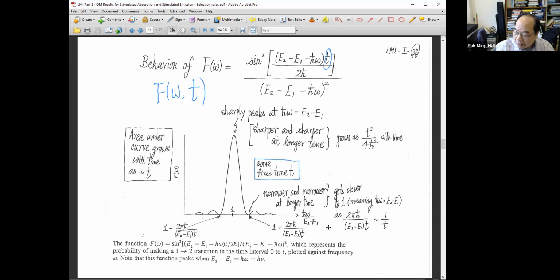Okay, now for the discussion on this page and the next page, let's focus on F, this capital F function, as a function of omega. That is to say, I'm thinking about a particular snapshot in time. So this figure is for some fixed time t.